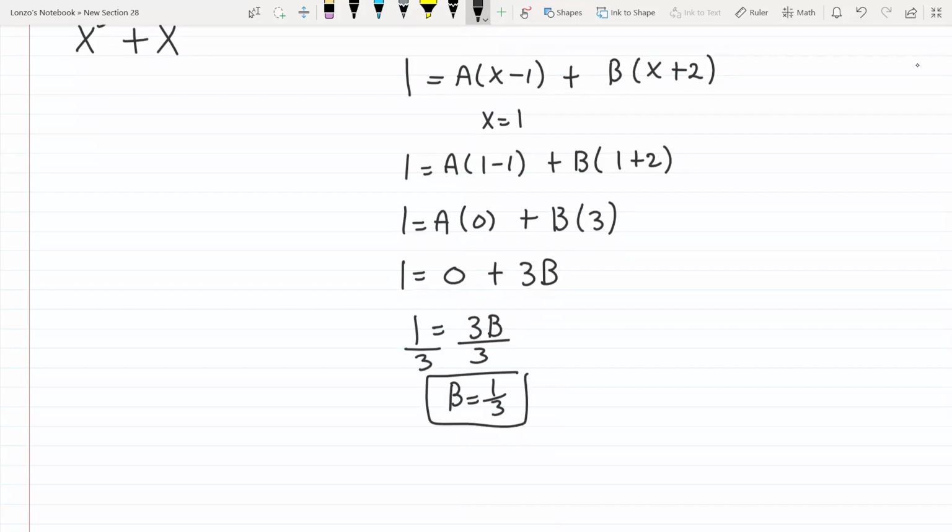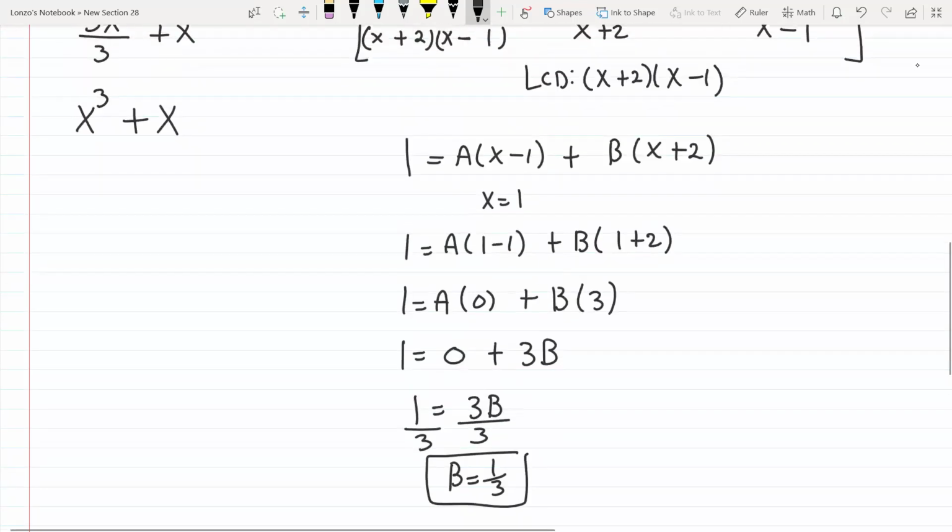Okay. Now I've got to solve for A, so I'm going to use a different x value. Let's say x equals 2. Yeah, 2 will work. So that's 1 equals A times 2 minus 1 plus B times 2 plus 2.